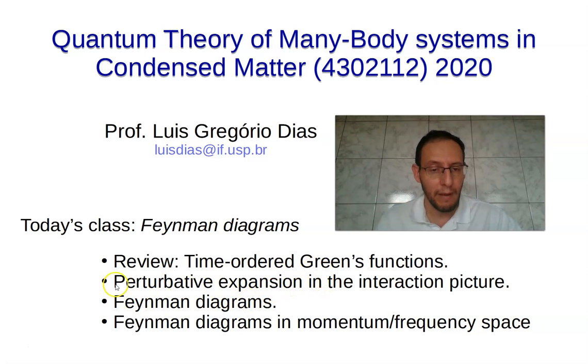We're going to define the Feynman diagrams, and we'll also see that we can express this expansion in terms of Feynman diagrams if we go to momentum and frequency space by doing a Fourier transform of the time-ordered Green's functions. So let's go right into it.